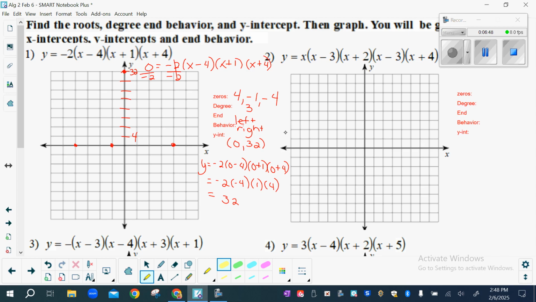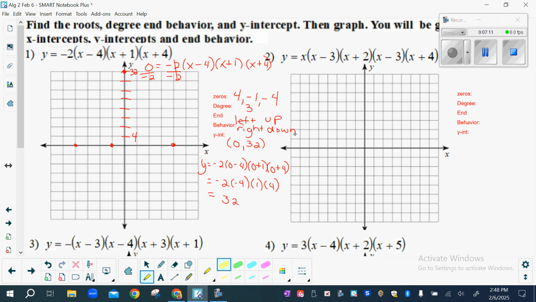The degree is odd, and A is negative. What's the end behavior? For number 1. Okay, anybody? Left up, right down.